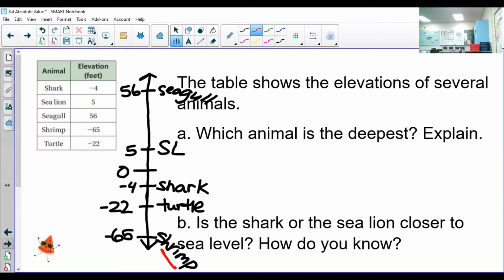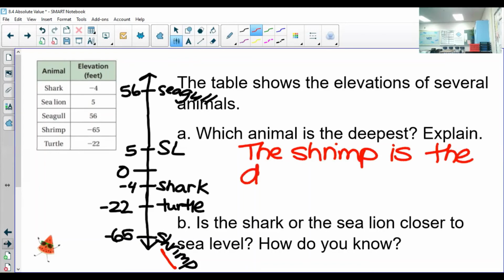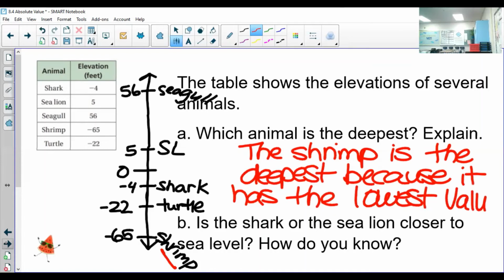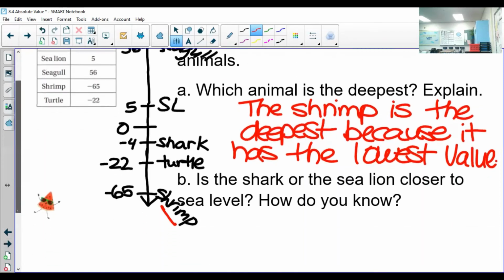So I would say the shrimp is the deepest because it has the lowest value.